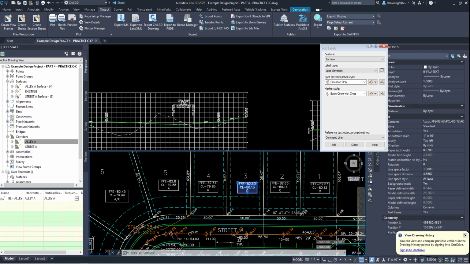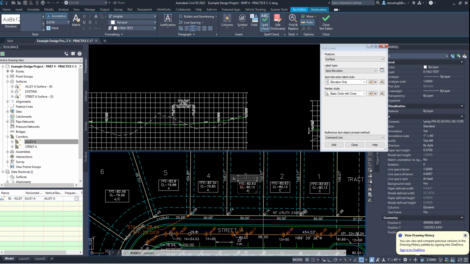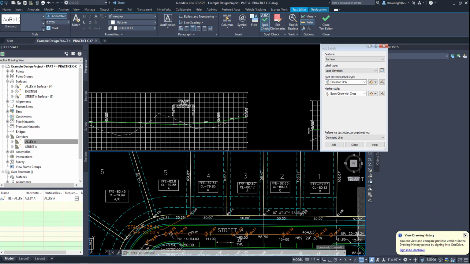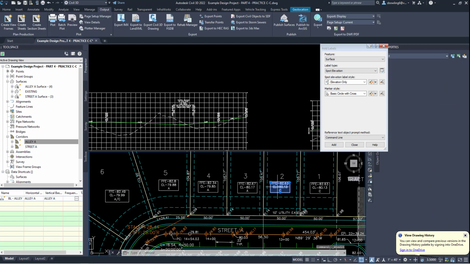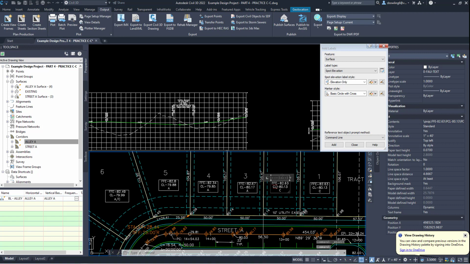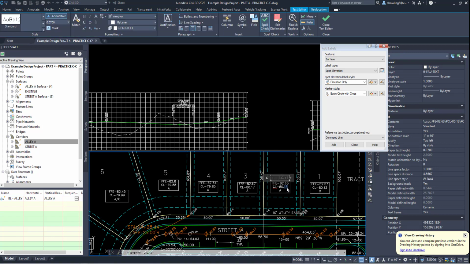This one is 80.17, and that is 82.67. This one is going to be 80.59.